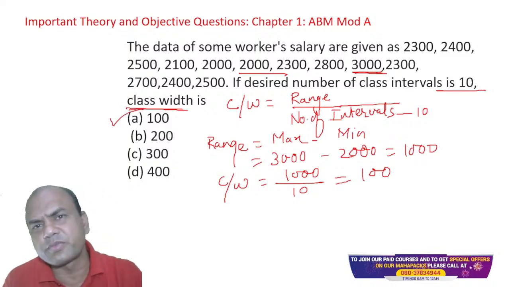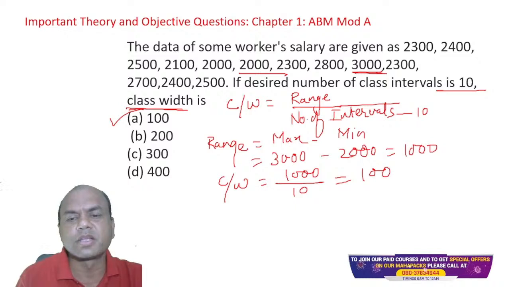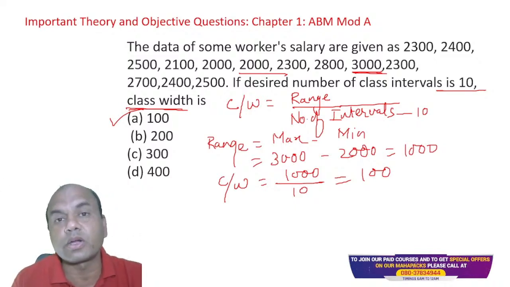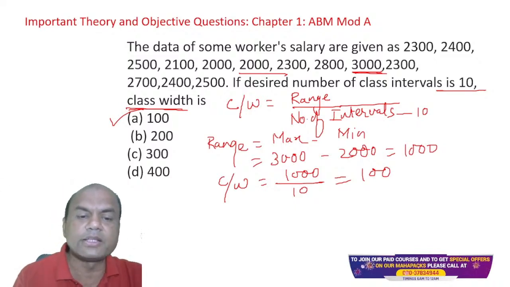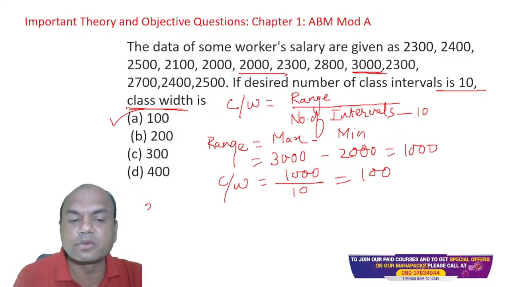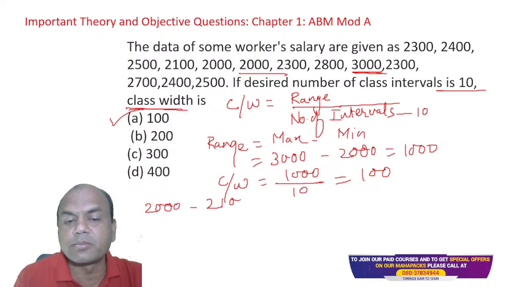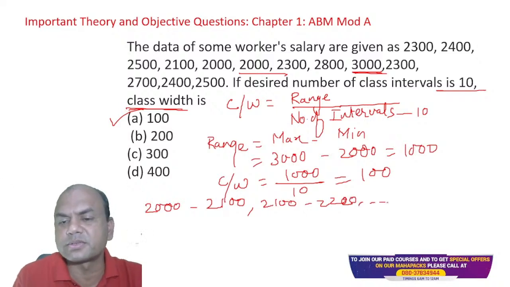What do you mean by class width? What is the meaning of this 100 you have got? It means when I start arranging these numbers, I'll arrange them like this: 2000 to 2100, the lowest number, and then go on adding 100, then 2100 to 2200, and so on, up to the last number 3000.